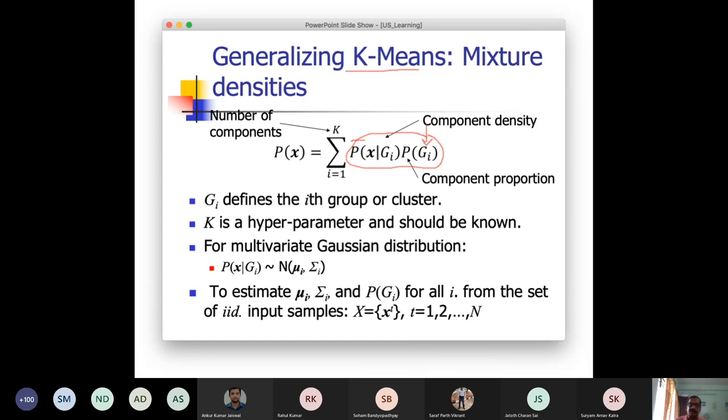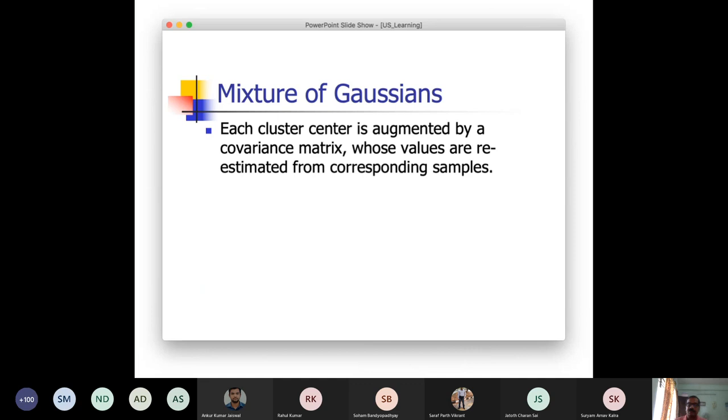When they are Gaussians, we call the density function a mixture of Gaussians, a term you will commonly find in the literature.